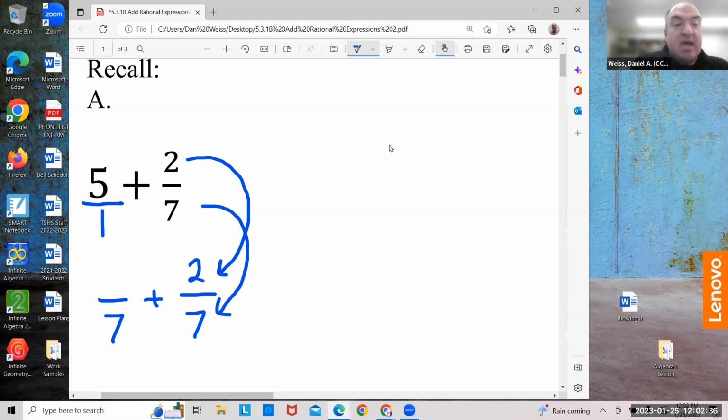And 1 times what makes 7? 1 times 7 makes 7. Whatever you do to the bottom, you've got to do to the top. So 1 times 7 is 7.